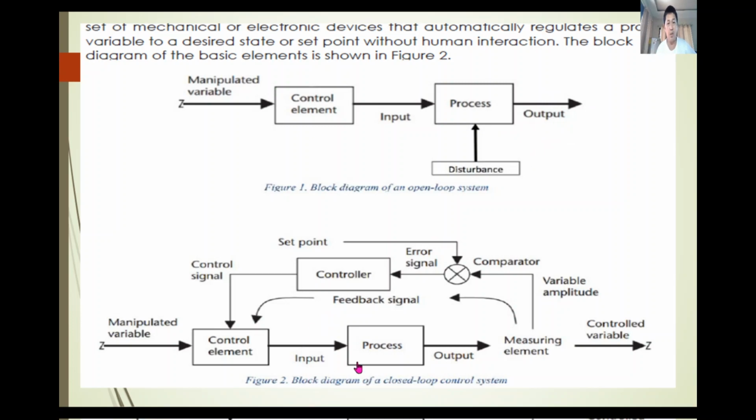The output is being measured by the measuring element or sensor, sent back to the controller, error signal, comparing to the set point, and it is also sent back to the control element, and then it's an input again, then process, and then output. So it is a sequence of events.